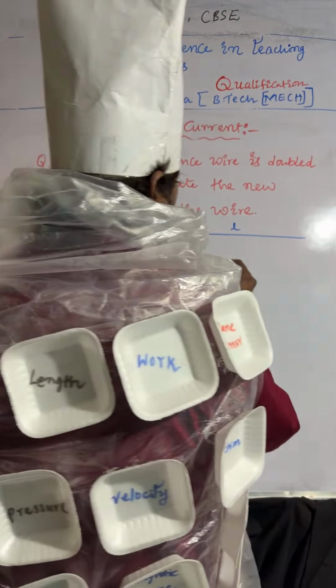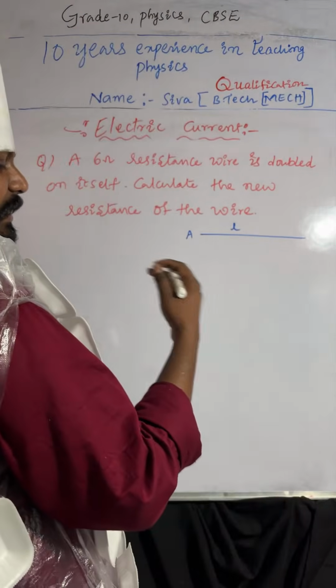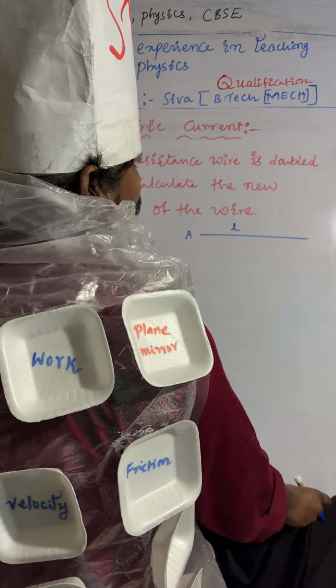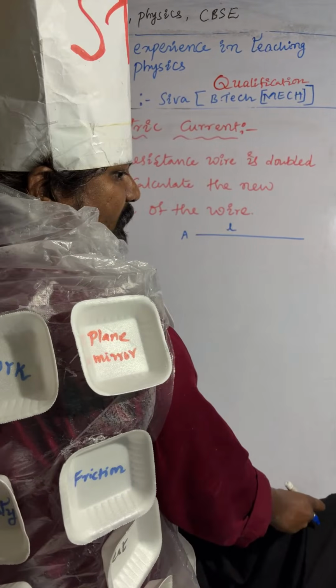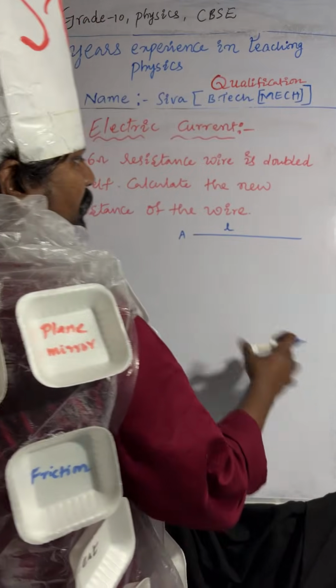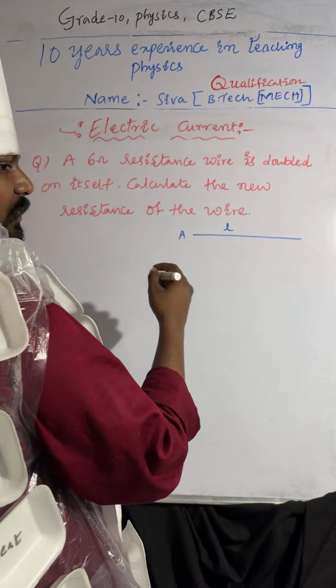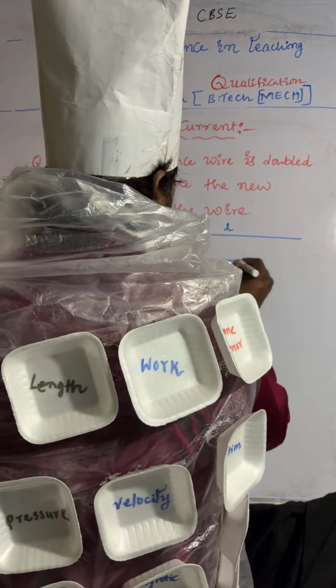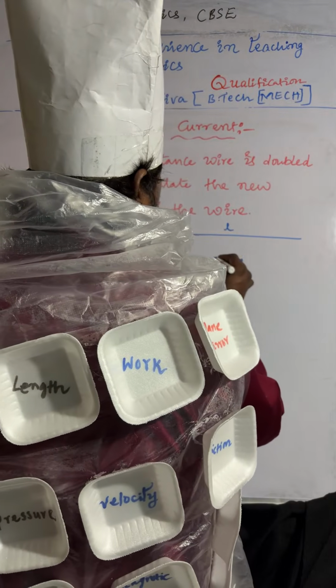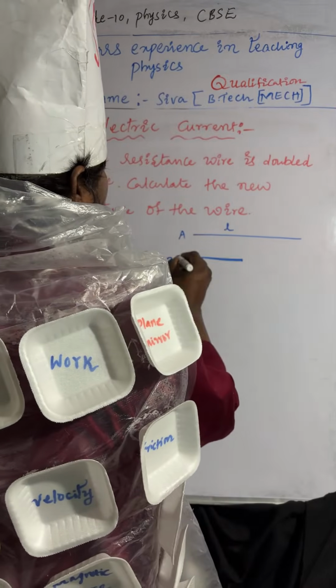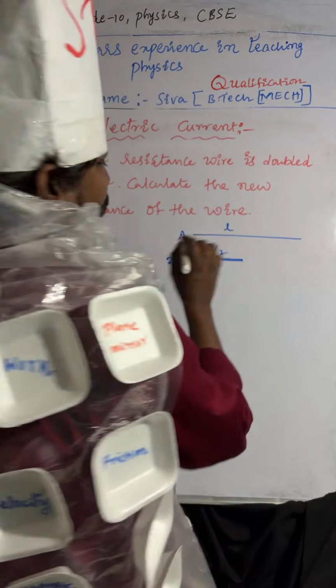Now when it is doubled on itself, it is folded like this. Then area is increasing, length is decreasing.